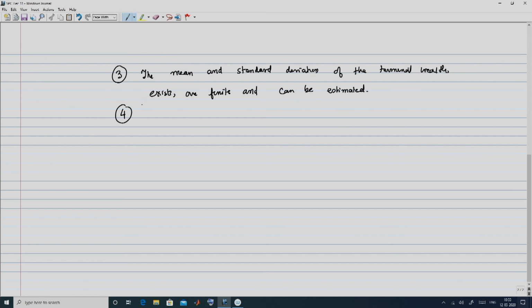The next point is all capital assets are divisible.